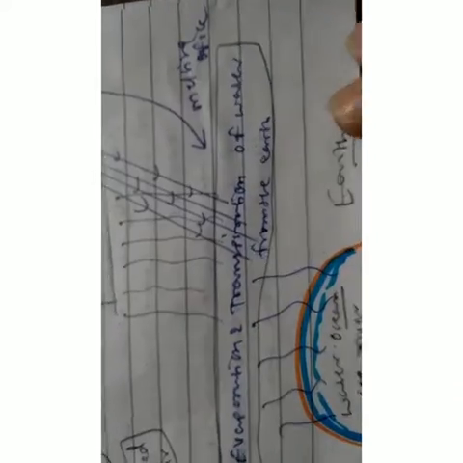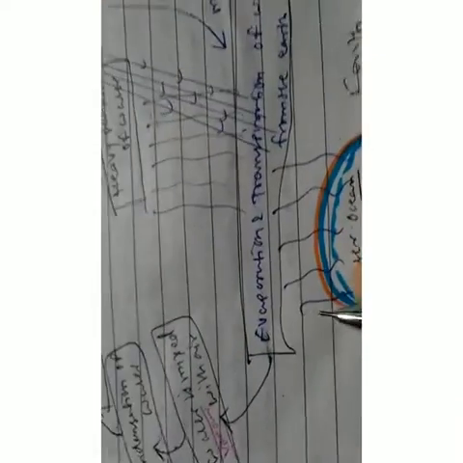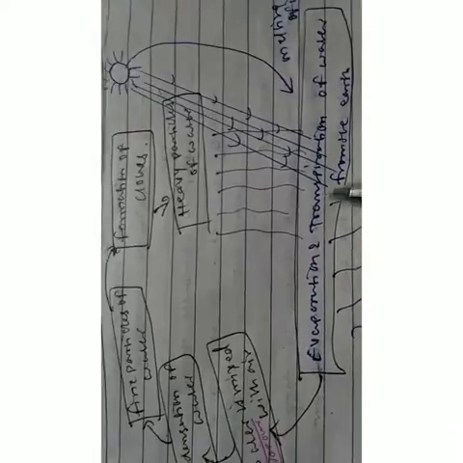Now let's see the diagram of the water cycle. That is very important. Now you see this is the downside, this is the earth. On the earth, evaporation and transpiration occur, which I already explained.